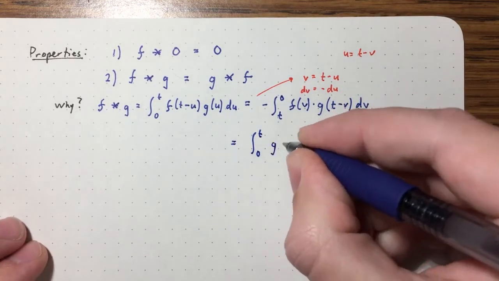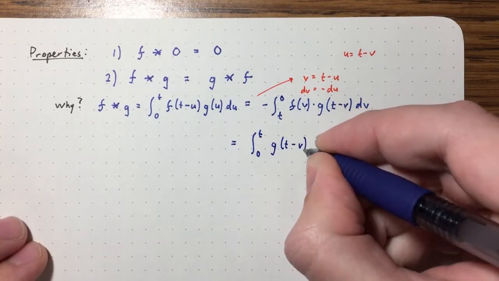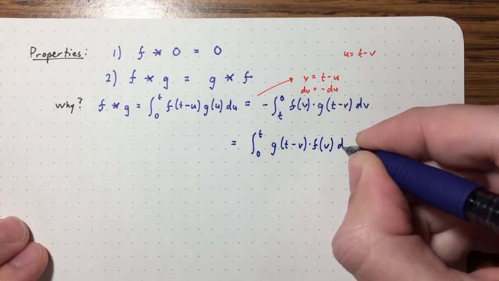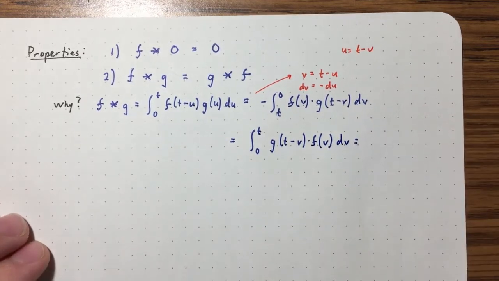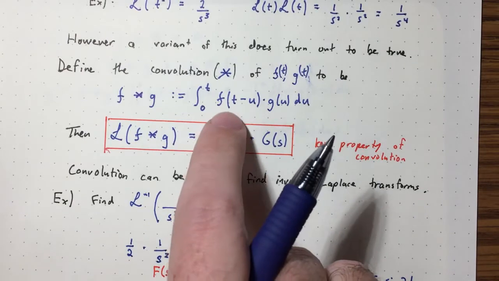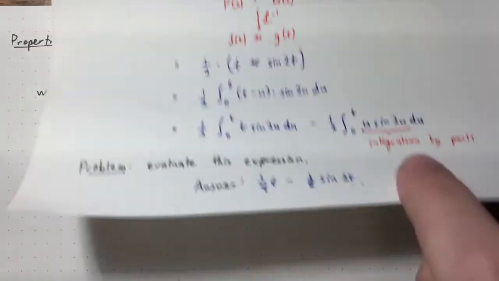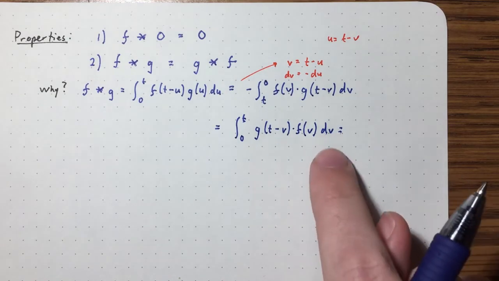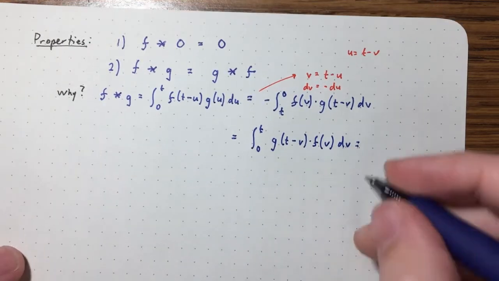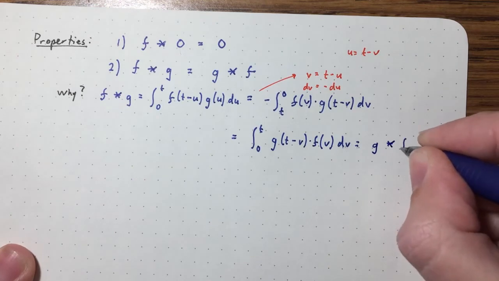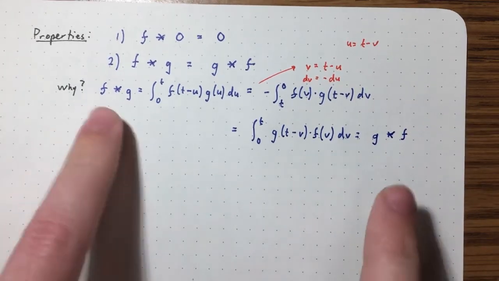And now I'll maybe rewrite this just so it's more obvious. I'll put the g part first and then the f part, dv. And what do we have here? Well, this is exactly our definition of convolution, right? But we see that f and g, the roles have now been reversed. I mean, of course, we have v here instead of u, but it doesn't matter what this variable of integration is. We can call it anything we want. But yes, this is g convolved with f in that order. So it turns out they're the same.